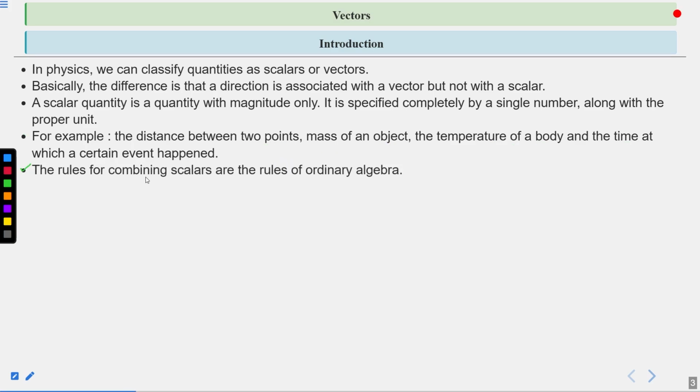The rules for combining scalars are the rules of ordinary algebra. Suppose we have two numbers, 4 and 5, when we add both numbers, it is equal to 9. Suppose 10 kg plus 2 kg is 12 kg. So using simple ordinary algebra, we can add scalars.